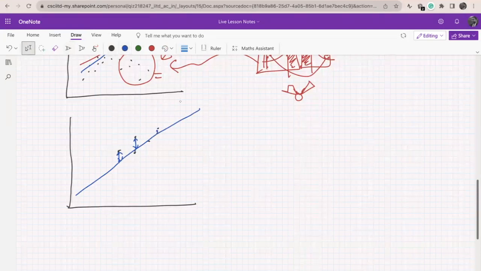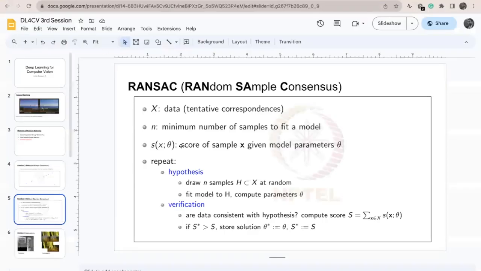The more the distance, the less the score should be. Let's say this distance is t. We take the norm of t, the second norm, which is the Euclidean distance. The more the distance, the less the score. If the score is higher, we want the line to fit that point better, so it is inversely proportional. So we get a score function of X given the model parameter theta.